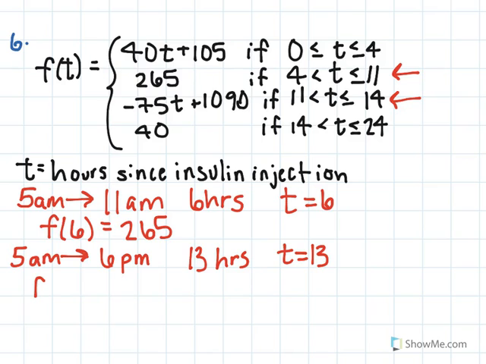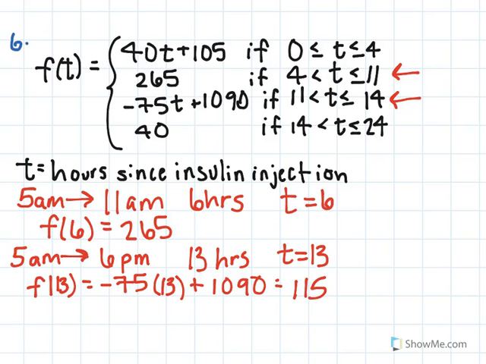So we're evaluating f of 13 to figure out what the patient's blood sugar level was at 6 p.m. We're going to say negative 75 times 13 plus 1090. And using a calculator, we can see that that is equal to 115.